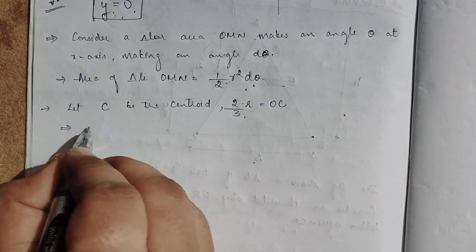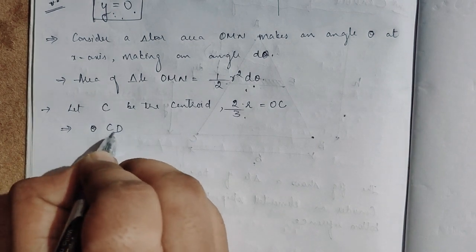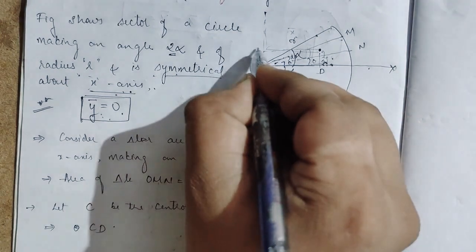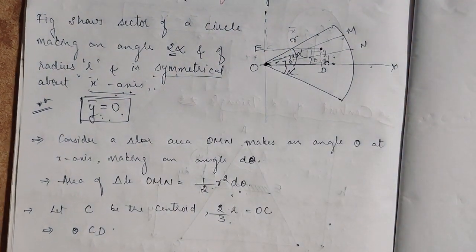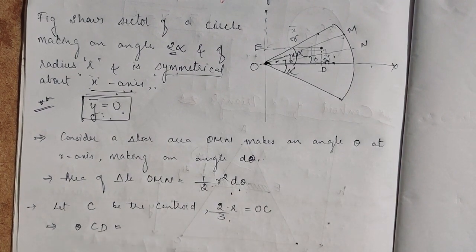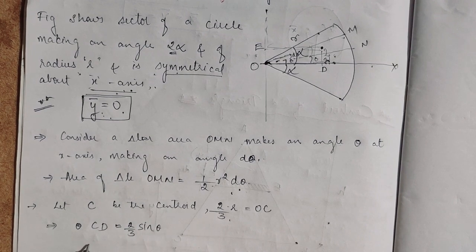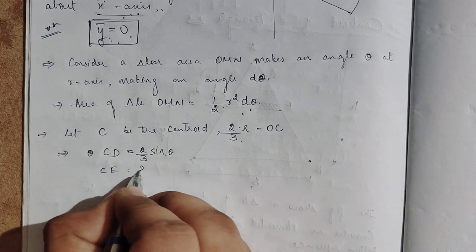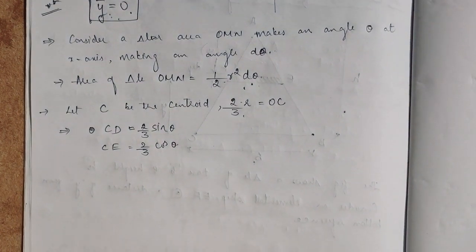Again, as we did in the last two derivations, this will be E. CD is equal to 2/3 sin theta, and CE will be 2/3 cos theta.